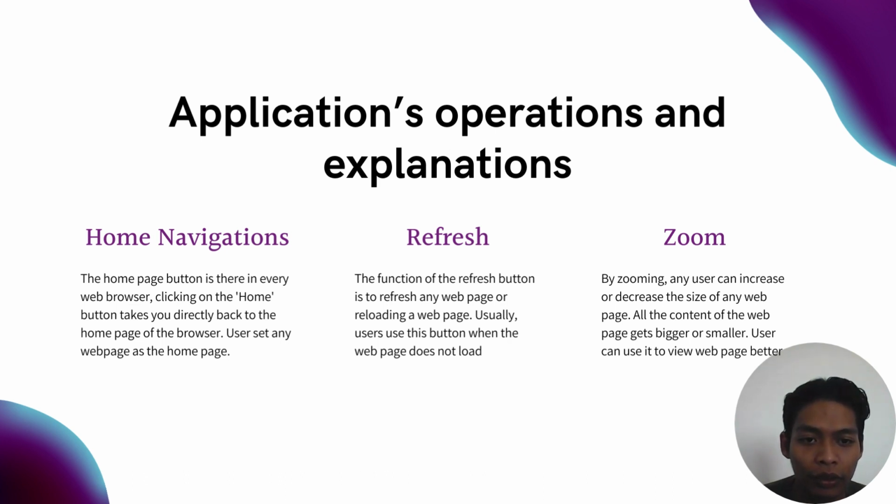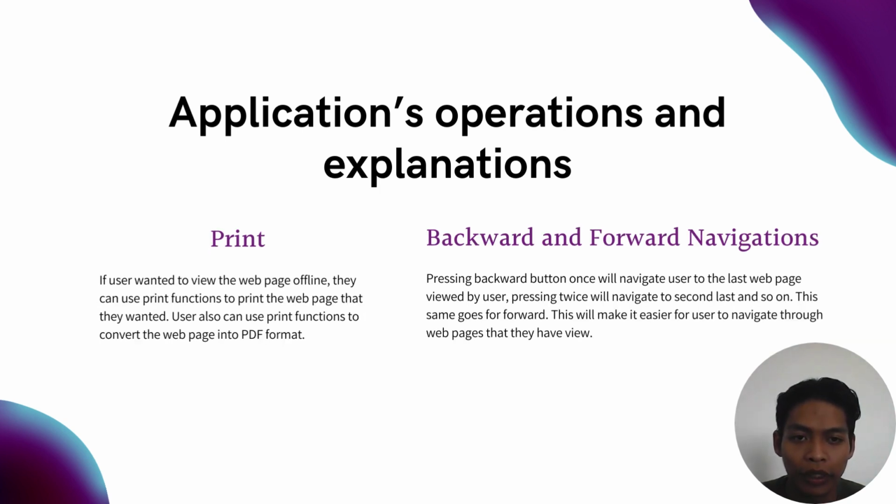The next one is zoom. By zooming, any user can increase or decrease the size of any web page according to what they want, and all the content of the web page gets bigger or smaller. Other operations that can be used are print and backward and forward navigation.